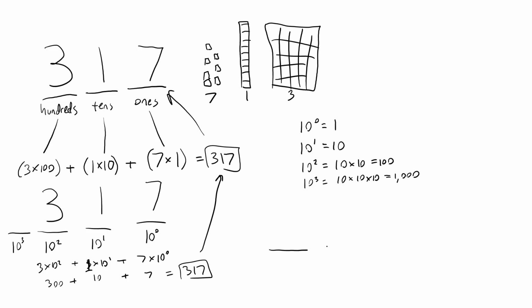Now, binary works the exact same way with 2 key differences. Each digit now represents a power of 2 instead of a power of 10. So this is a base 2 number system instead of a base 10 number system. And each digit can only be 0 or 1.